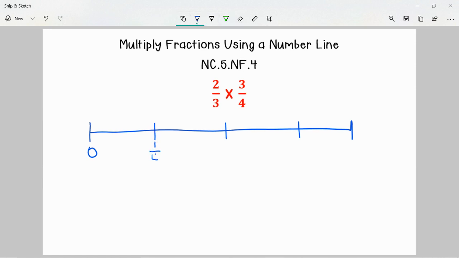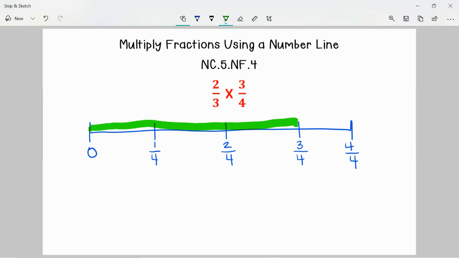So we can label 1/4, 2/4, 3/4, and 4/4. And I'm going to go ahead and represent on this number line that we have 3/4 just by shading a bar right above there that goes right to 3/4 to show that this is how much we're working with.